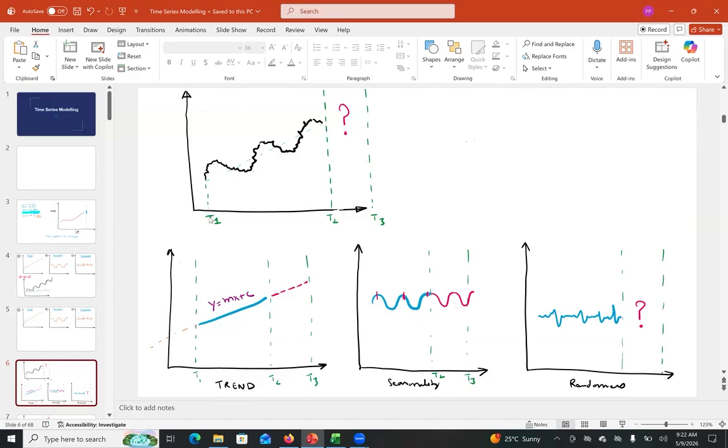Like, I have data from time 1 to time 2, and I want to predict the values from time 2 to time 3, right? All time series modeling will have this as a problem. Data is present from time 1 to time 2, and we want to predict what will happen in this time period.